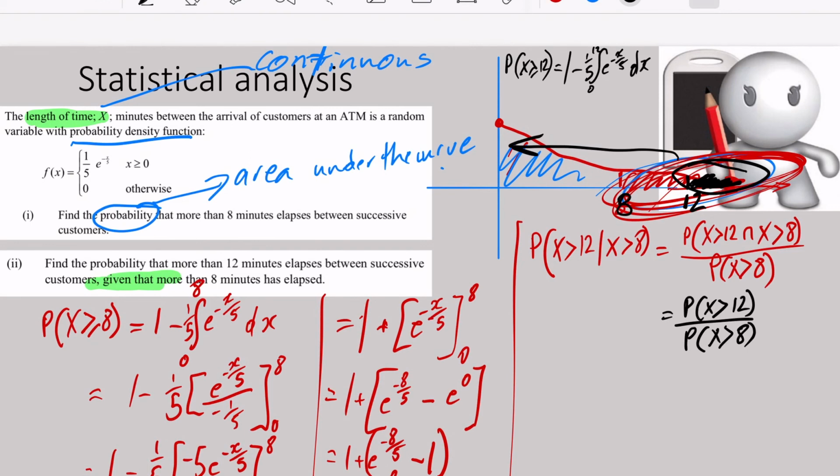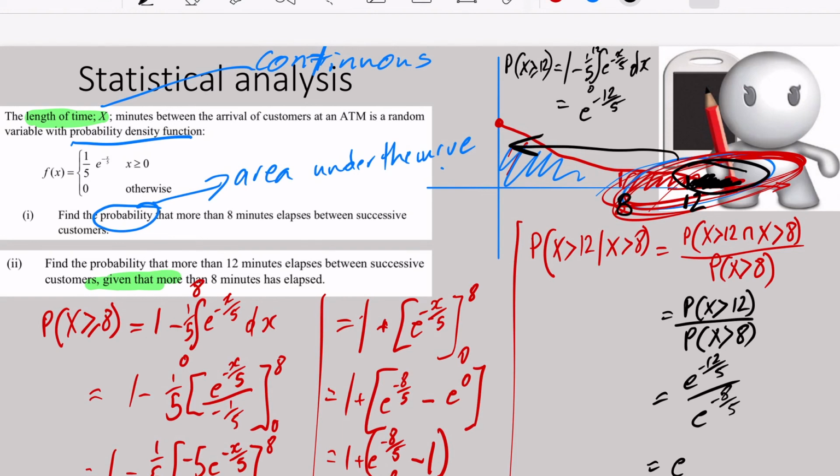And the working out will be exactly the same, and my answer is going to be negative e to the negative 12 on 5, so e to the negative 12 on 5 over e to the negative 8 on 5. Okay, using index laws, I've got the same base, so therefore I take away negative 12 minus negative 8.